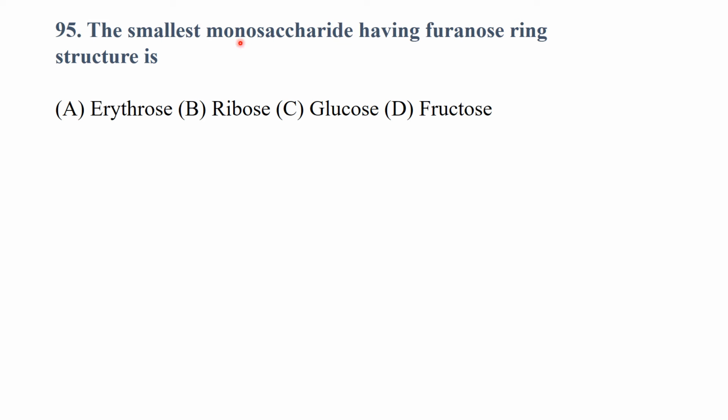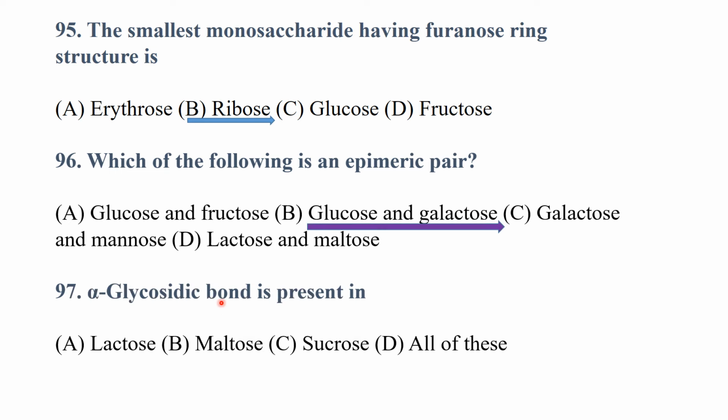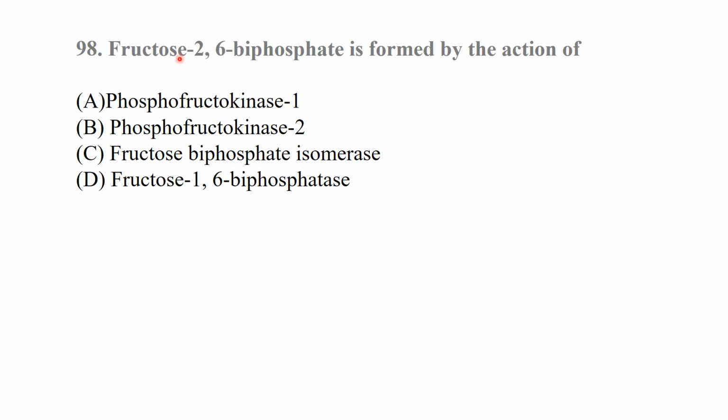The smallest monosaccharide having a furanose ring structure is ribose. Which of the following is an epimeric pair? Glucose and galactose. Alpha glycosidic bond is present in maltose. Fructose 2,6-bisphosphate is formed by the action of phosphofructokinase 2.